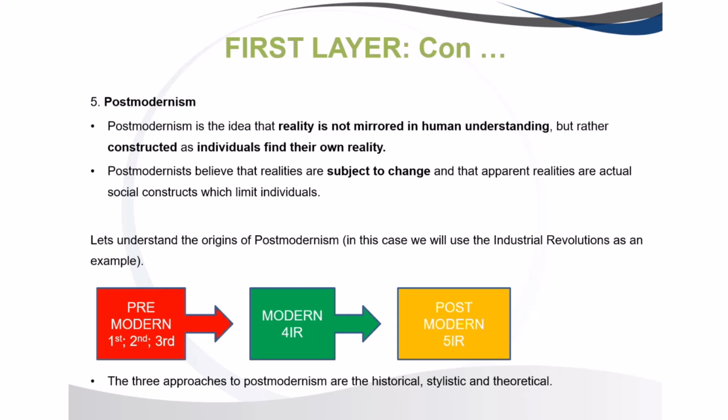And that pre-modernization, or pre-modern, if I can put it that way, according to the figure, was characterized by these 3 industrial revolutions: the first, the second, and the 3rd. When you look at the first industrial revolution, I think it was around the 18th century, where there was a lot of mechanization, and the steam engine also comes in.